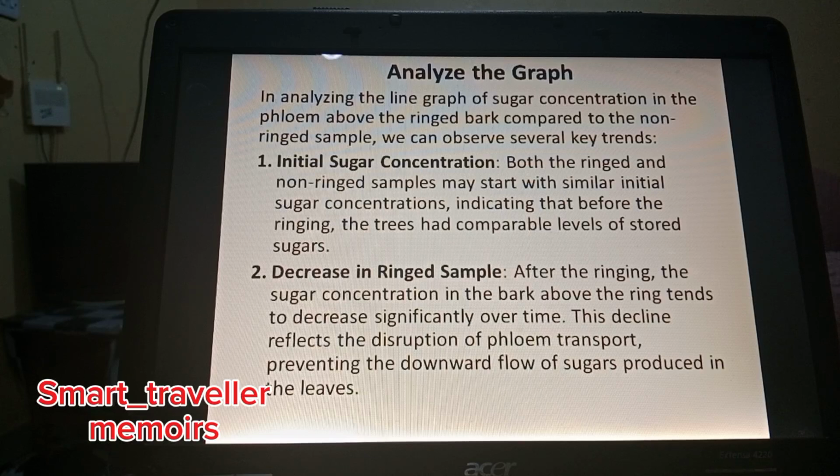This decline reflects disruption of phloem transport, preventing the downward flow of sugars produced in the leaves.